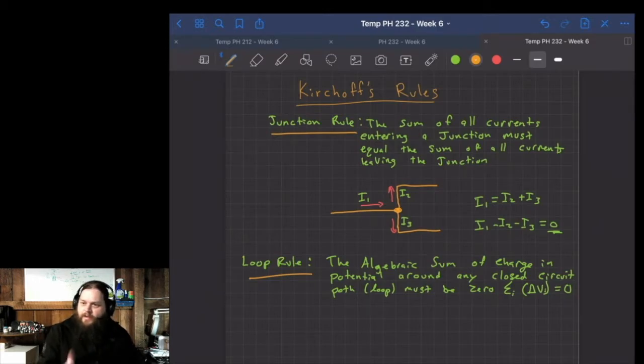And sometimes we know the current at one place, but we're missing the voltage. For every unknown variable we have, we need to make an equation using either a loop or a junction. If we have the same number of equations as variables, we should be able to solve that system of equations through a series of substitutions. And we're going to go over a few of those here.